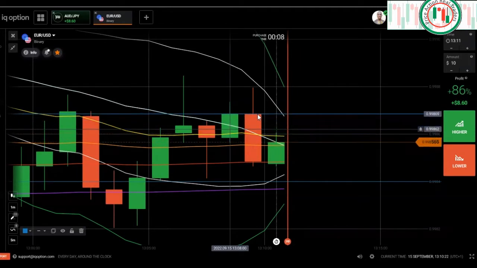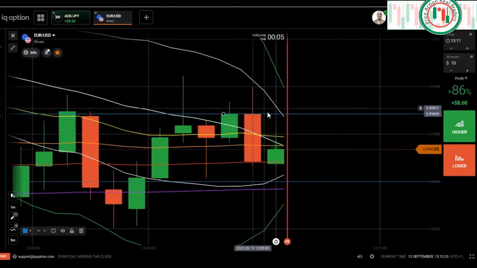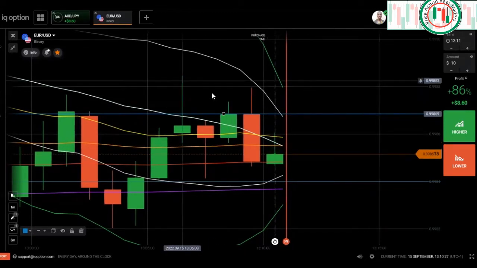So you see here is engulfing zone. So I'll wait market to come to this zone, then I can place my trade.